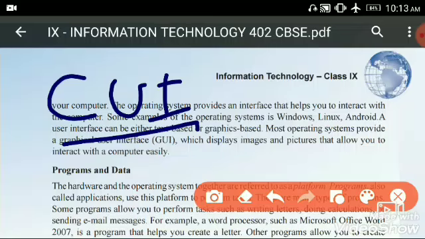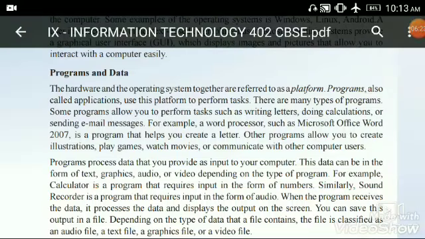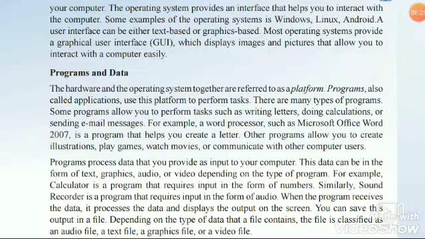Then programs and data. So what are programs and what is data? The hardware and the operating system together are referred to as a platform. Without hardware and without an operating system, we cannot interact with the computer software.